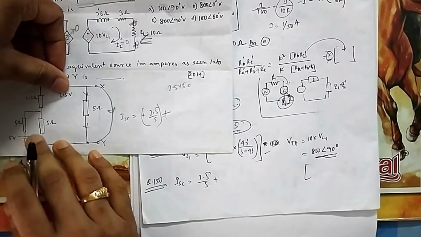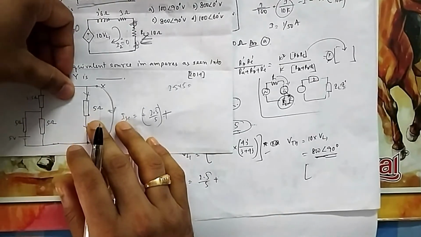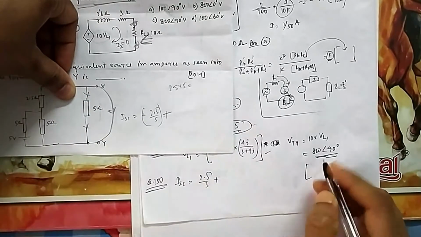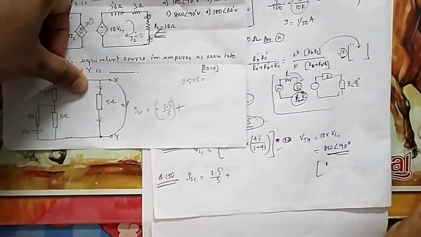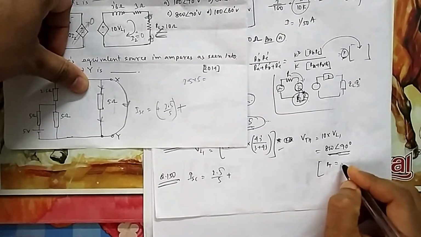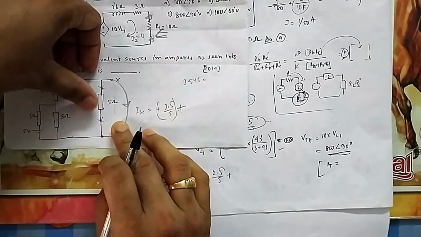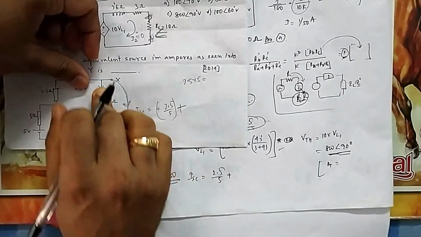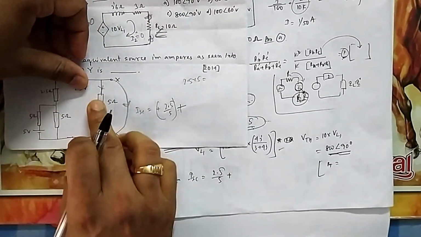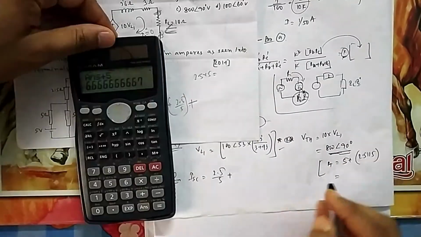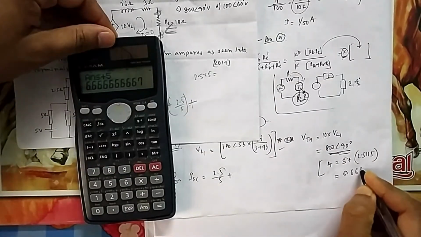I am not drawing the circuit. If this is not there, then this is also not there, so this and these are in parallel. So the resistance you are seeing will be equal to 5 plus 2.5 in parallel with 5, sorry, these two are not there, so 2.5 and 5 are in parallel, and that parallel is in series with 5. So 5 plus 2.5 in parallel with 5. You will get around 6.667.